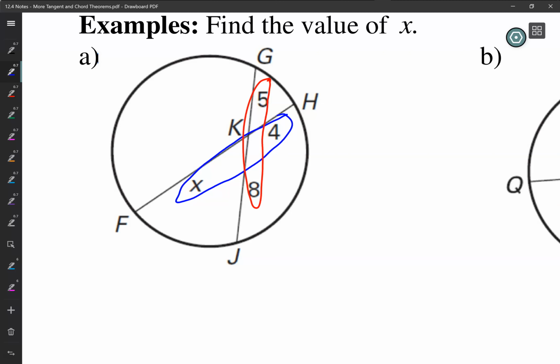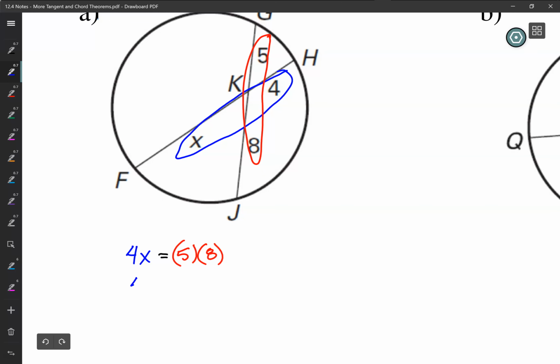So in this case, we have 4 times x equals 5 times 8. Well, 5 times 8 is 40. Divide by 4. And you get that x is 10.